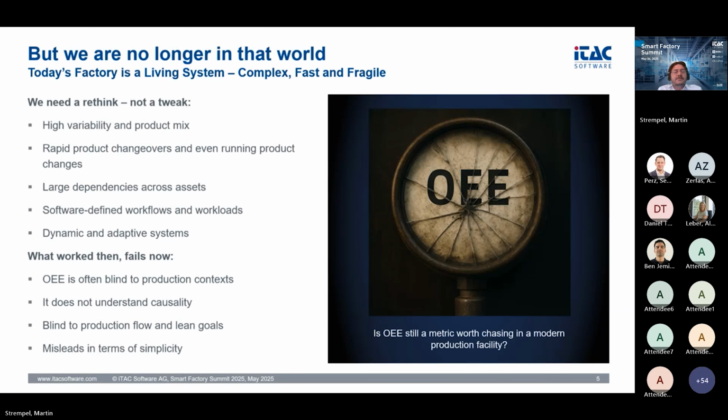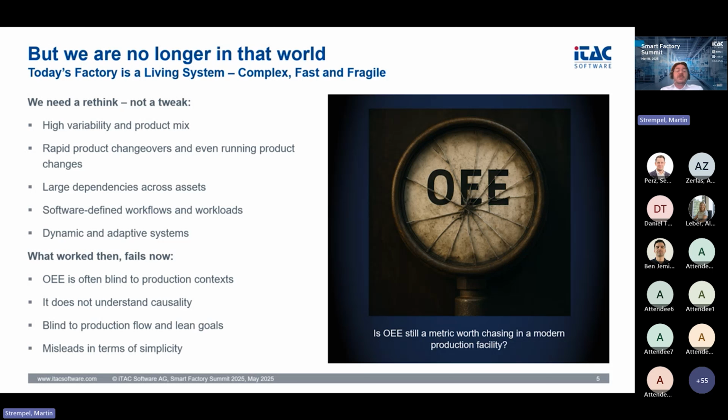So modern factories are very, very different, right? We have seen today how high product variability affects all of our production, how it creates a huge number of additional decisions that we need to make. We've just seen how that affects traceability and compliance in the previous presentation.